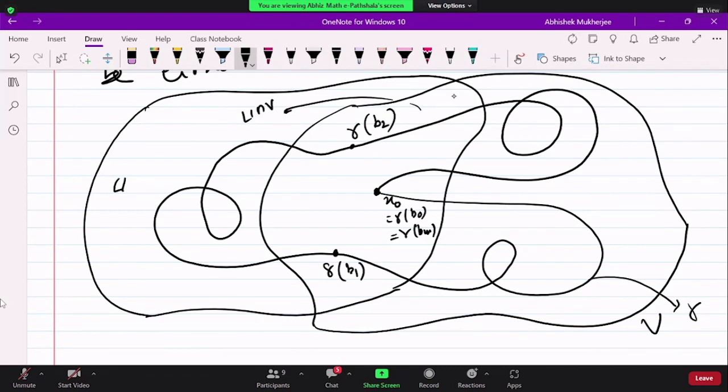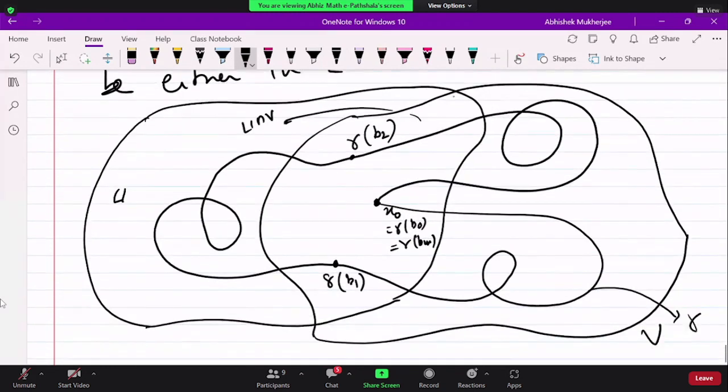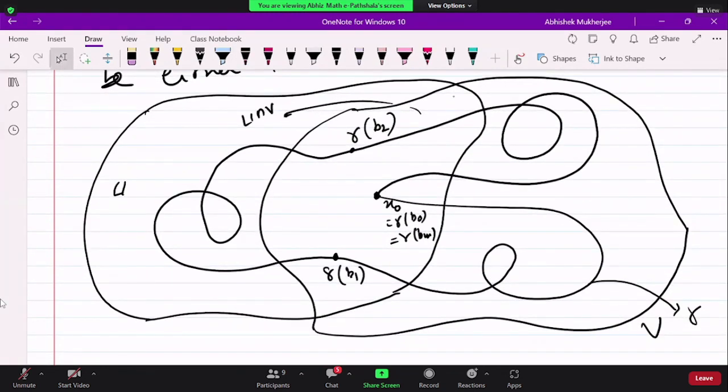Now you can take the sections of this gamma and mark them. Suppose you start from X naught and go forward along this direction, and end at gamma b1. Let us call it gamma 1.